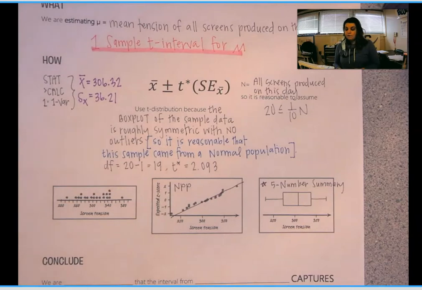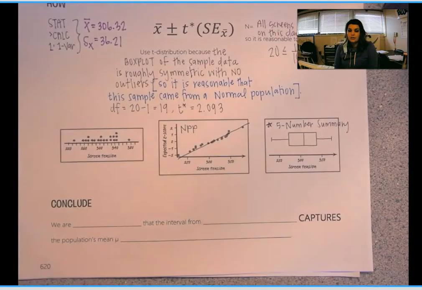So you are finally to the point where you can construct your confidence interval and you can write your conclusion statement. So you guys try that without me, pause, try it without me, and then come back and verify that your answers are correct and match mine.